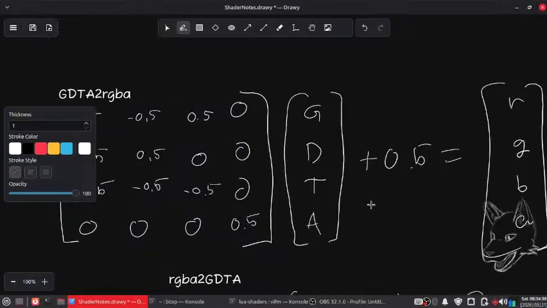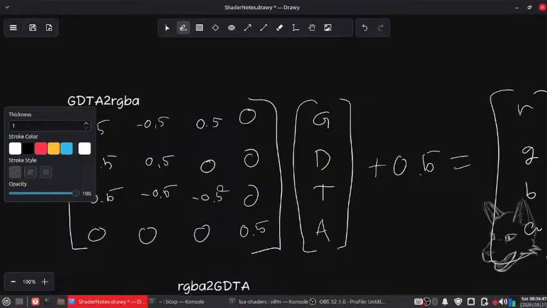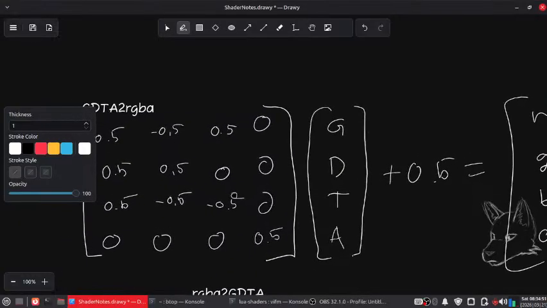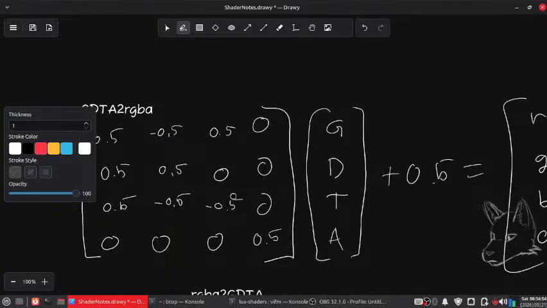D. D is not just straight up green. That's the thing. D is not just straight up green.